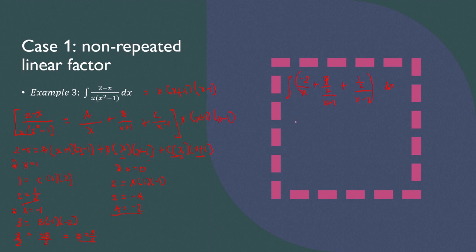Therefore, this is negative 2 ln of x plus 3 halves ln of x plus 1 plus 1 half ln of x minus 1 plus c.